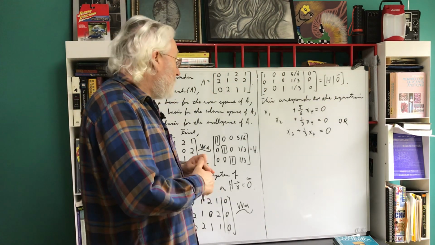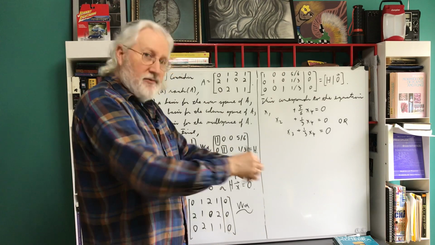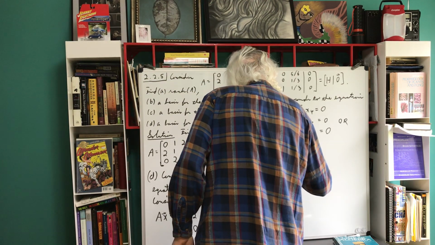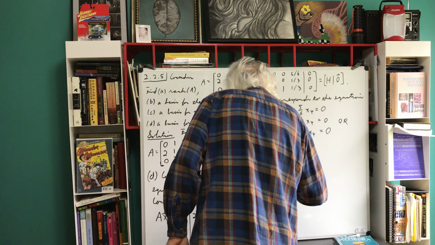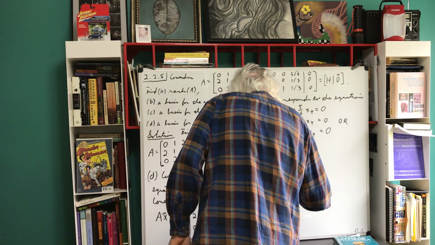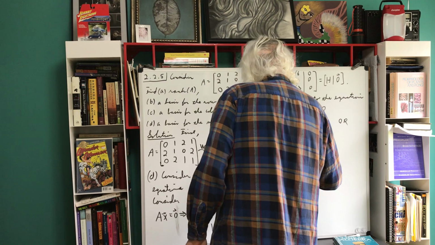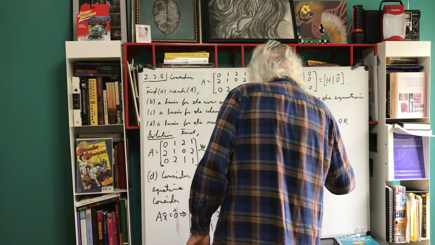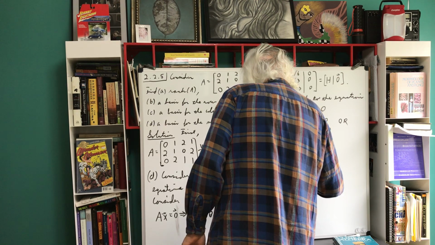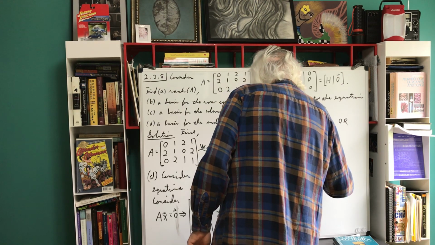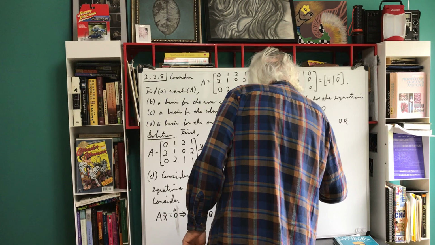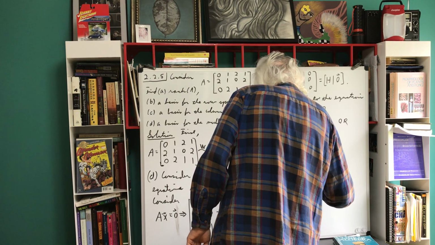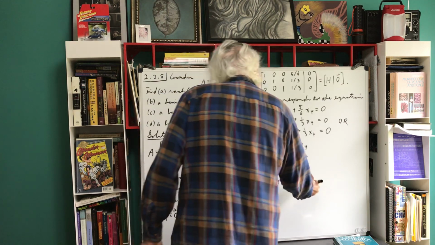So we need to express this in terms of x1 equals, x2 equals, x3 equals, x4 equals. So if we'll write it like that, that produces x1 is -5/6 x4, x2 is -1/3 x4, x3 is -1/3 x4, and x4, well, x4 is just x4.